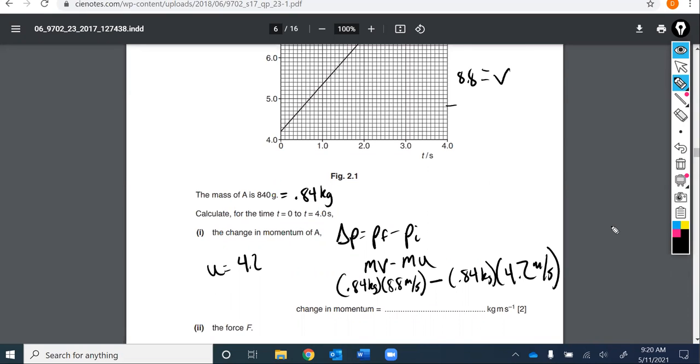0.84 times 8.8 means this thing had a final momentum of 7.392. Its initial momentum, 0.84 times 4.2, would have been 3.528. 7.392 minus 3.528 is 3.864.